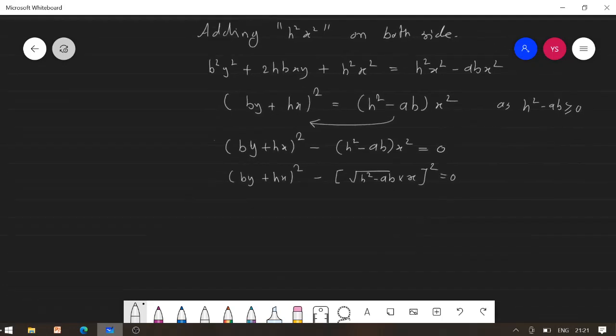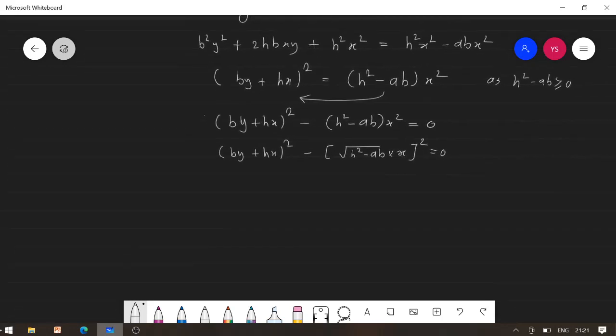On comparing with the identity a square minus b square, the factors become a plus b into a minus b. So we get here by plus hx plus root of h square minus of ab times x, and the second bracket is of the form by plus hx minus of root of h square minus of ab times x.